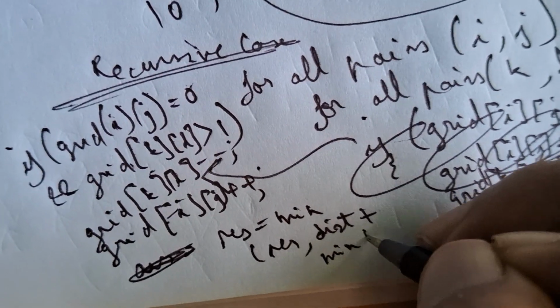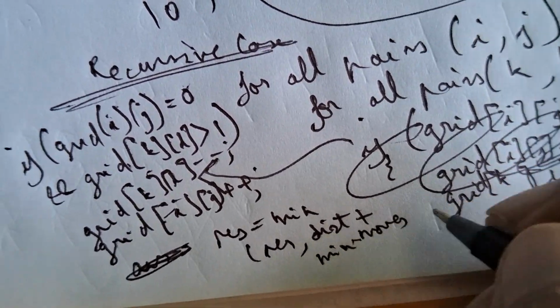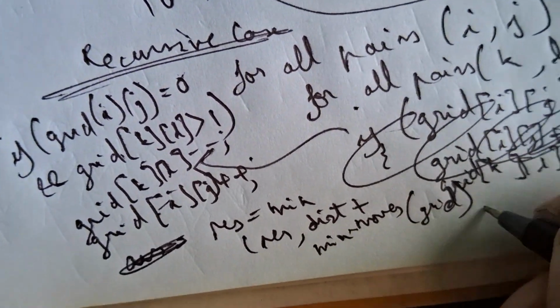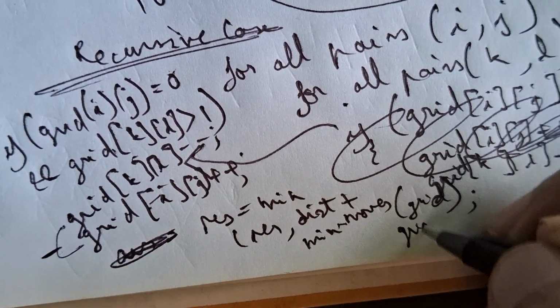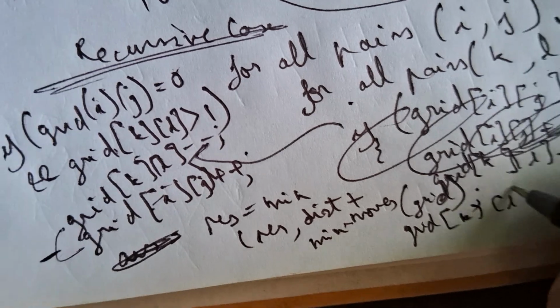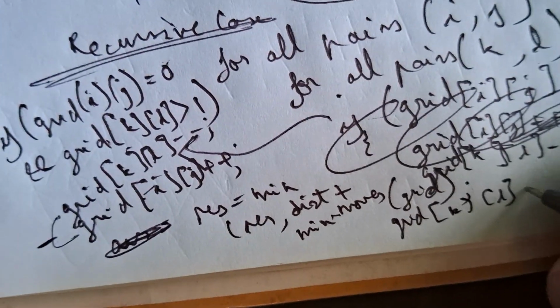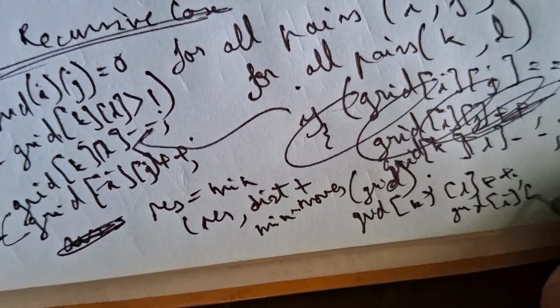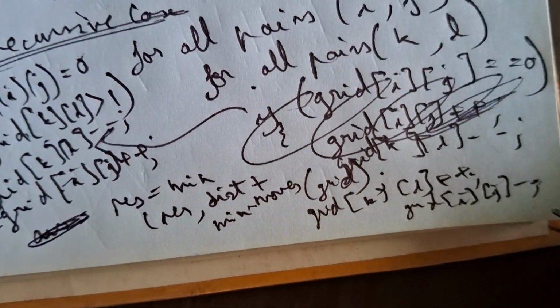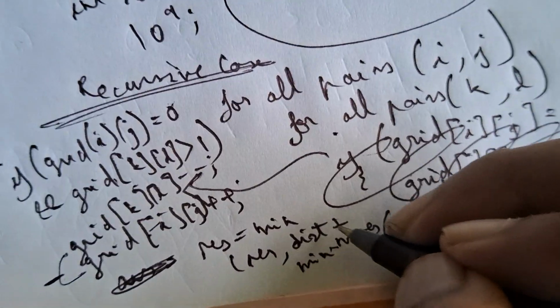I think the function was minimumMoves(grid). Once you are done with this, you have to change these values back: grid of k of l was minus minus, now you make it plus plus, and grid of i of j minus minus.